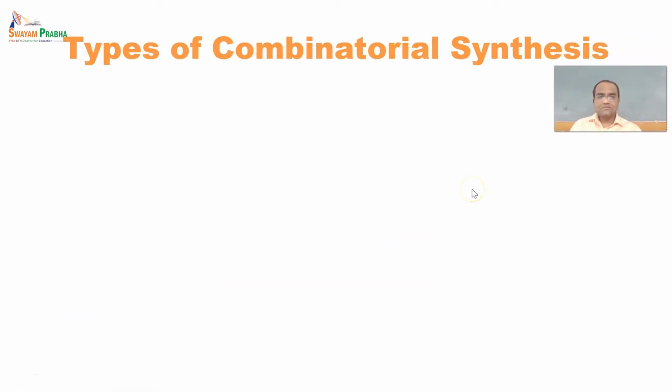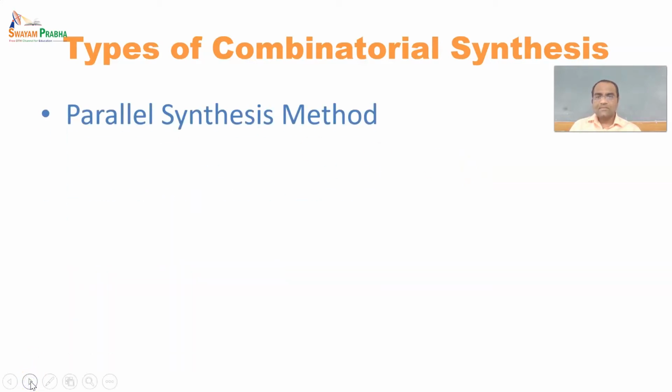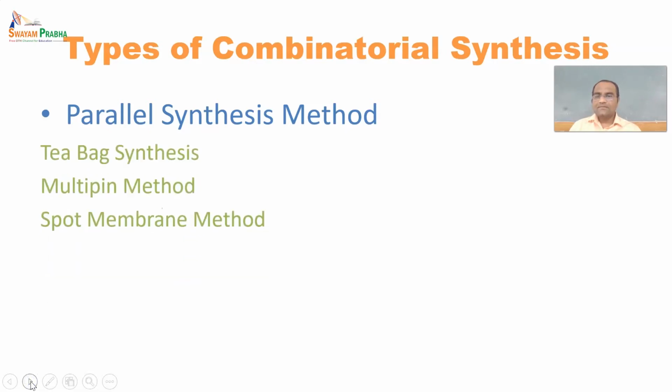Now we will discuss the next point, types of combinatorial synthesis. The first method is the parallel synthesis method, and the name itself indicates that the reactions are carried out in a parallel way. There are three methods in parallel synthesis: the T-bag synthesis, the multi-pin method, and the spot membrane method.